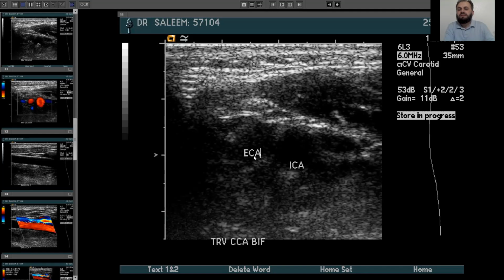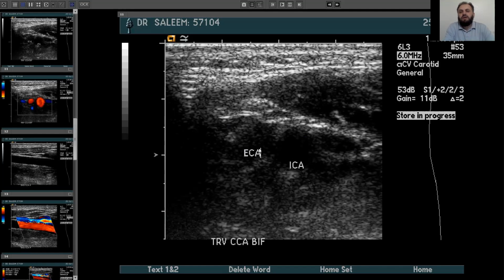So this means this ECA is more medially anterior, and my ICA is more laterally posterior. It just goes to the brain from there. It goes higher, and then through the foramen magnum area it enters the brain. So the ICA is more laterally posterior, and the ECA is more medially anterior.